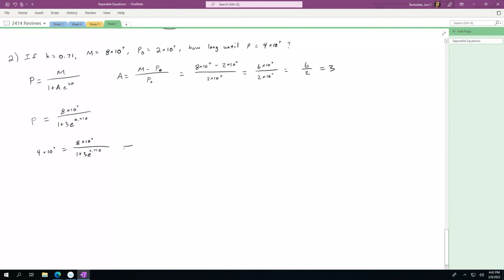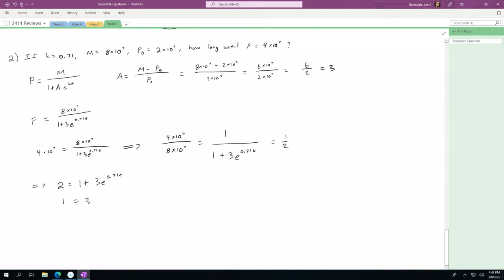Which tells me that 4 times 10 to the 7th over 8 times 10 to the 7th is equal to 1 over 1 plus 3e to the 0.71 t. Now 4 times 10 to the 7th divided by 8 times 10 to the 7th is equal to 1/2. Now this tells me that 2 is equal to 1 plus 3e to the 0.71 t.